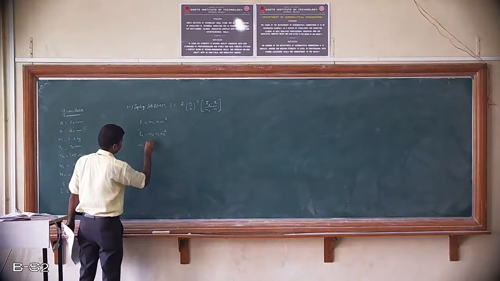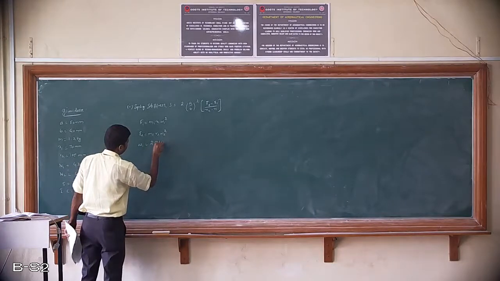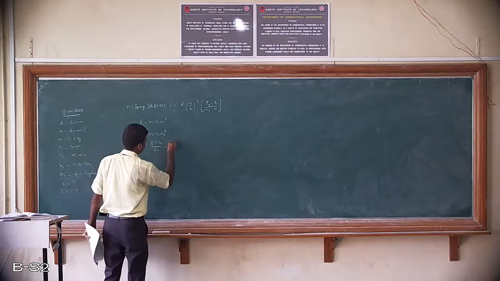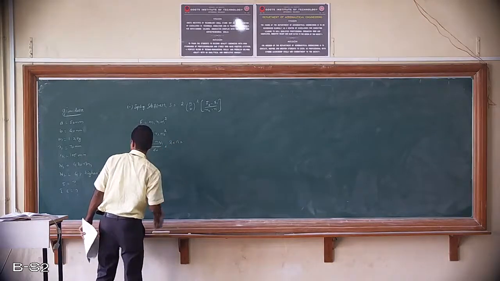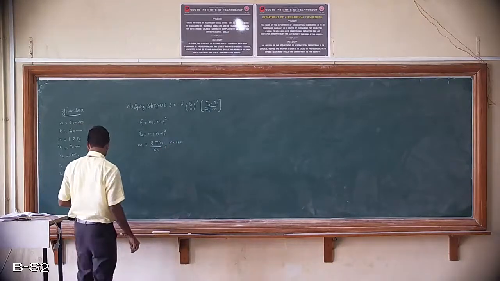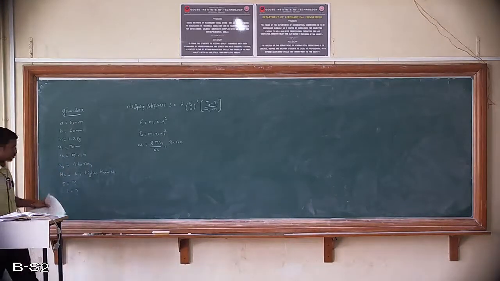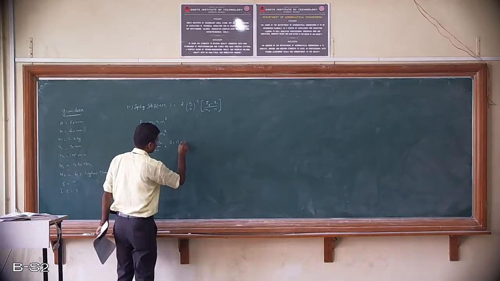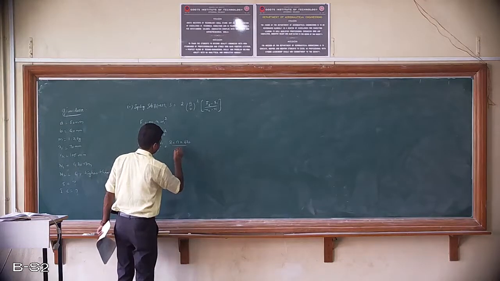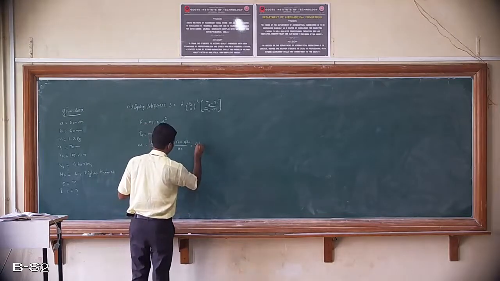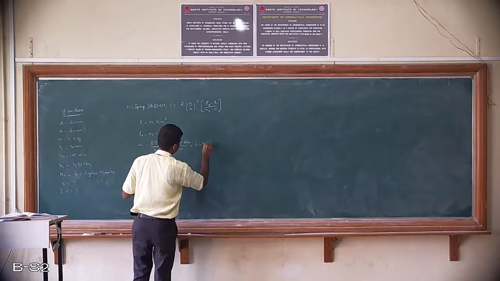Omega 1 is given by 2 pi N1 divided by 60. N1 is given in the problem statement as 420, divided by 60, so you get omega 1 as 44 radian per second.